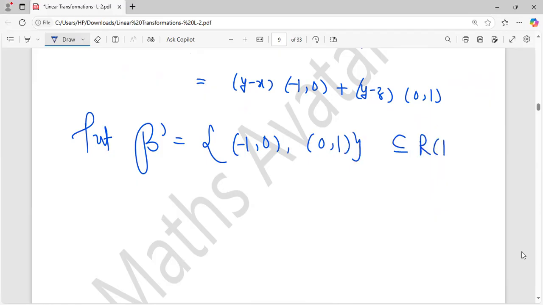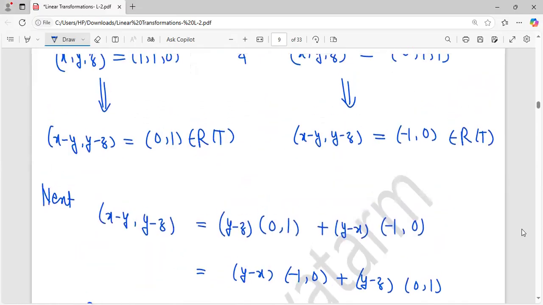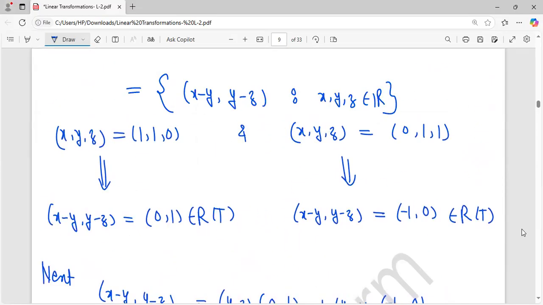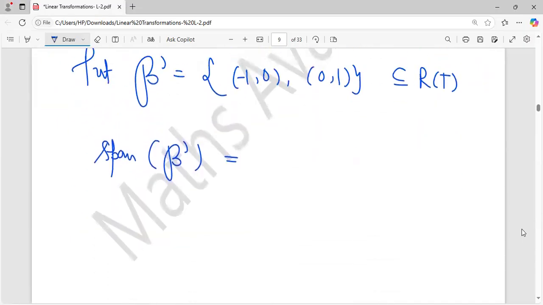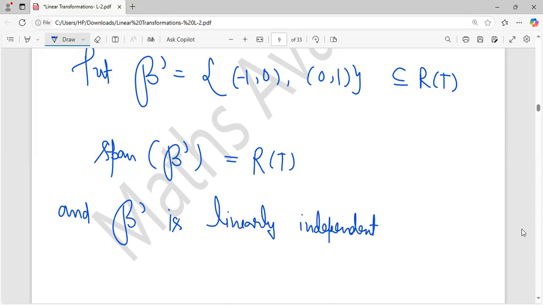And this is a subset of the range of T. The span of B dash is the range of T, and B dash is linearly independent.